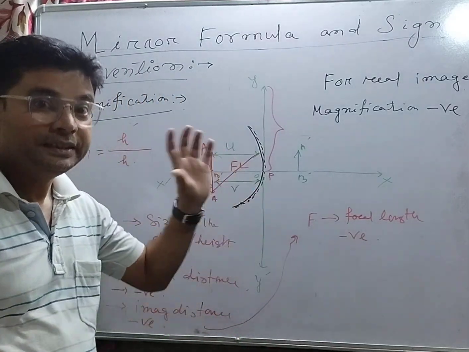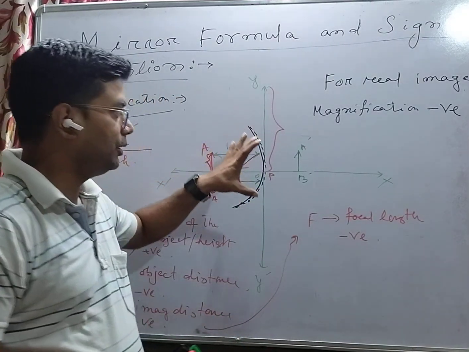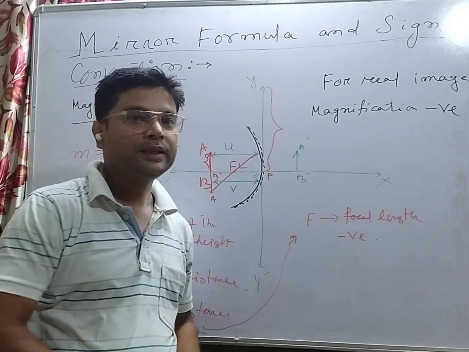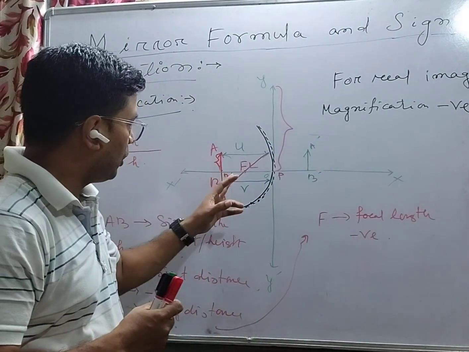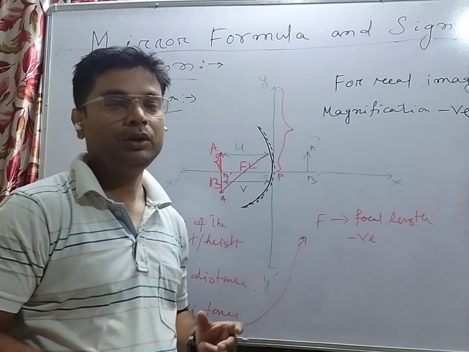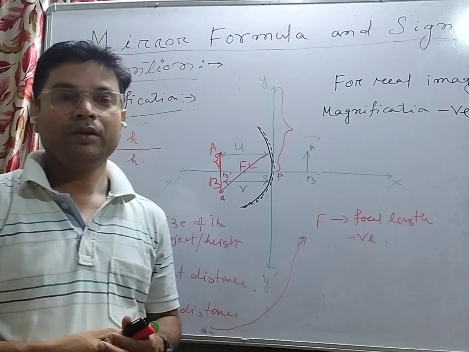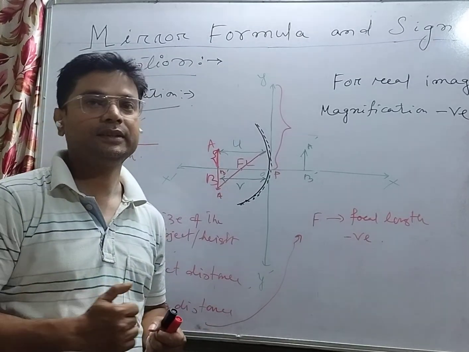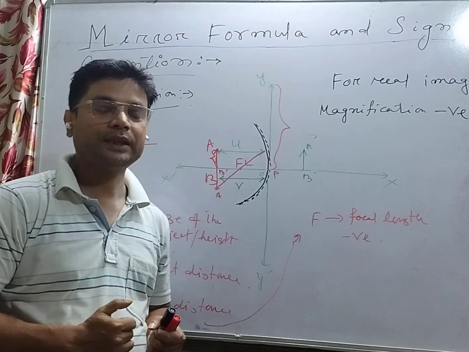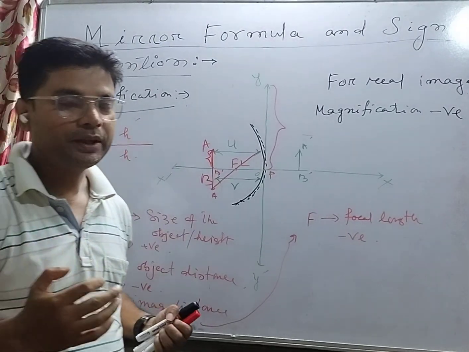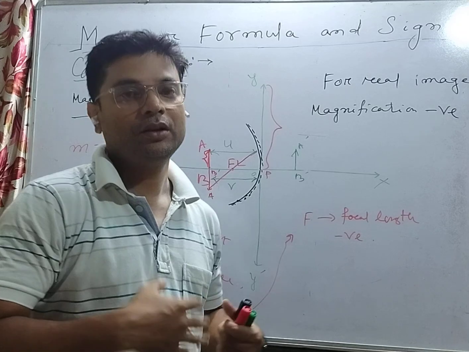In general, a concave mirror produces a negative magnification for a real image, but when the object is placed between focus and pole, the magnification will become positive, because there will be a virtual and erect image, and the size of the image will be enlarged. It means the size of the image is larger than the size of the object.